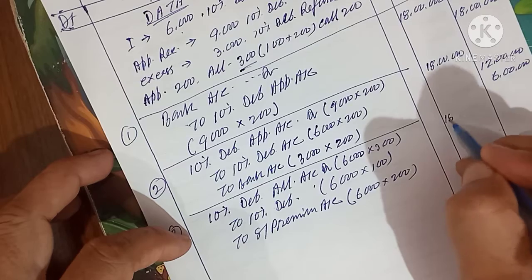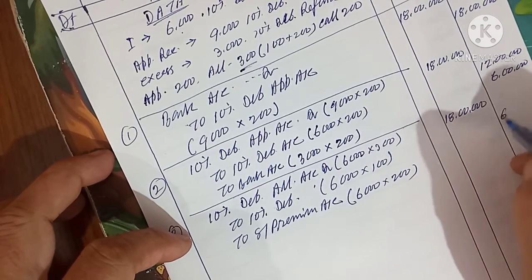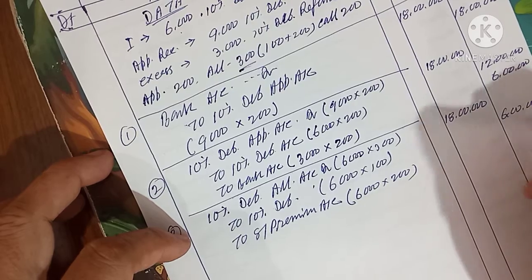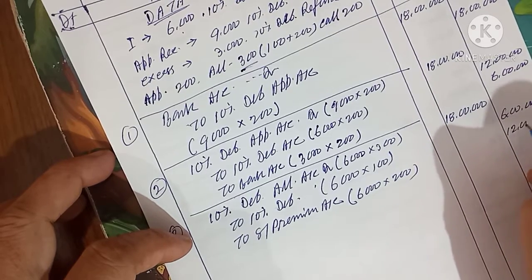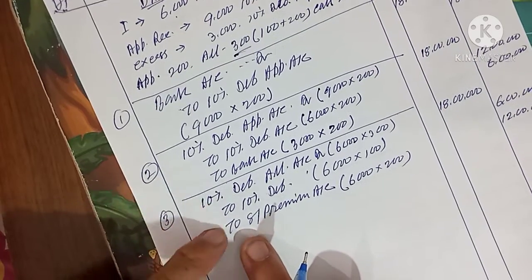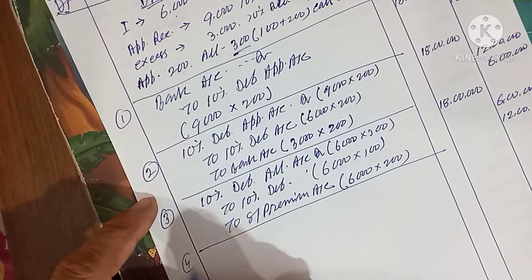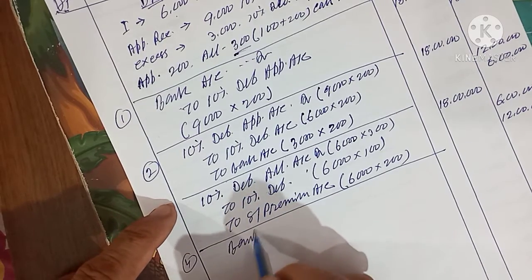This you will get 18 lakhs, this will get 6 lakhs, this will get 12 lakhs. This is the entry for calling for allotment with premium, and you have received the money.